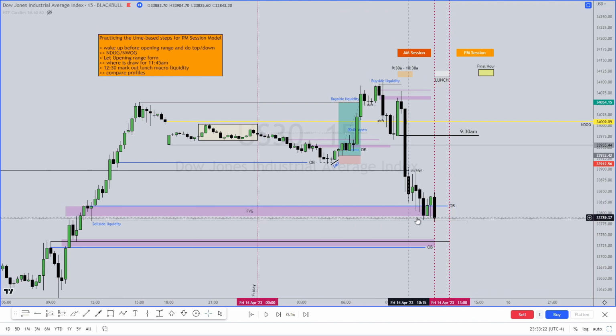So order block gets tagged. We're coming into 12 o'clock now. We're looking for that lunchtime macro. We're not acting as yet, but what we have is a slowdown coming into some of these arrays.